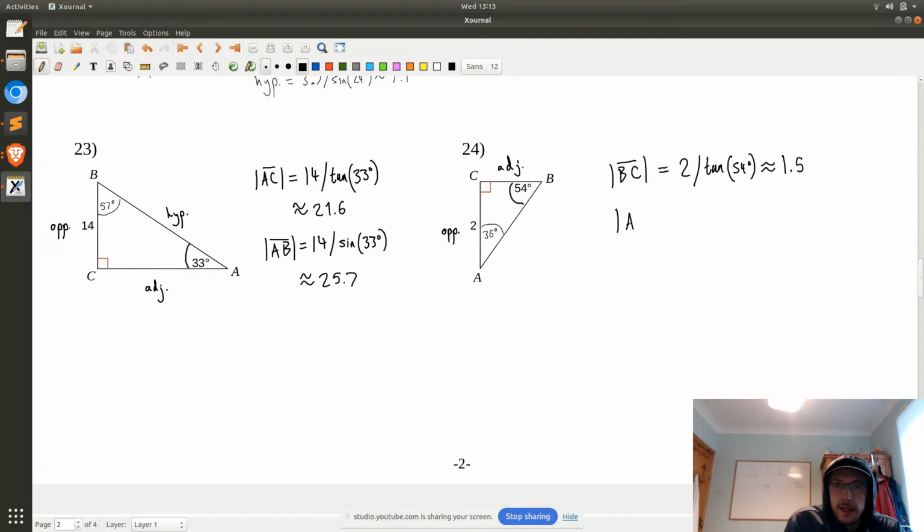Finally, side AB. We were given the opposite. And now we're seeking the hypotenuse. So that would be the sine function. So sine of 54 is 2 over the hypotenuse. So 2 over sine of 54.